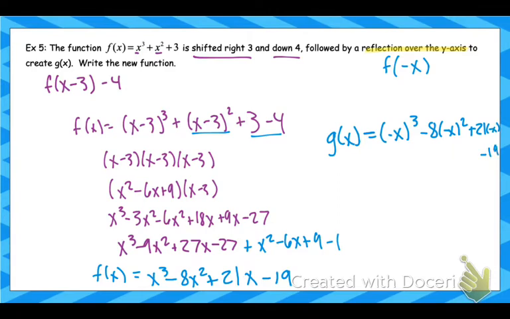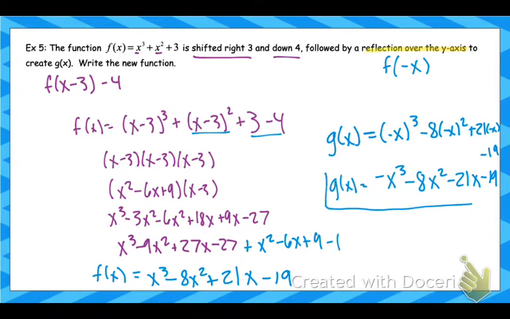And if I have a negative x cubed, that is now just negative x cubed. But if I square a negative x, it doesn't change the sign. 21 times negative x is now minus, and that is my final new function.